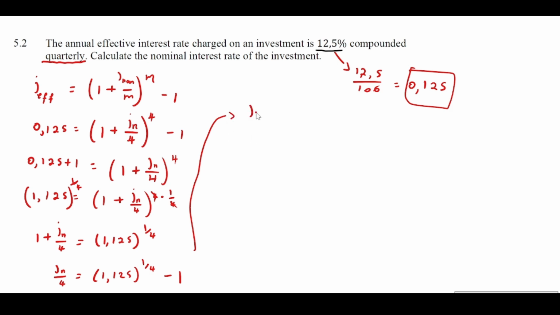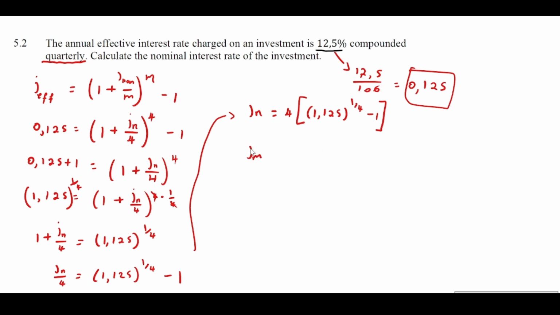So on the left-hand side, you'll be left with your nominal interest rate. It equals everything multiplied by 4. So it's going to be 4 into, open bracket, 1.125, all to the exponent of 1 over 4 minus 1, close the bracket. You put the whole thing inside your calculator.